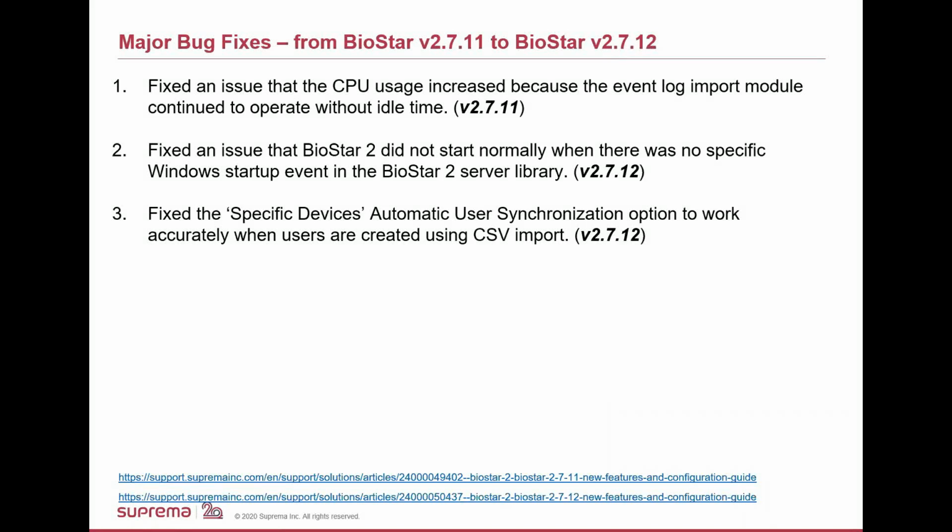We fixed an issue where the CPU usage increased because the event log import module continued to operate without idle time. We fixed an issue where BioStar 2 did not start normally when there is no specific Windows startup event in the BioStar 2 server library. And we fixed the specific devices automatic user synchronization option to work accurately when users are created using CSV import.